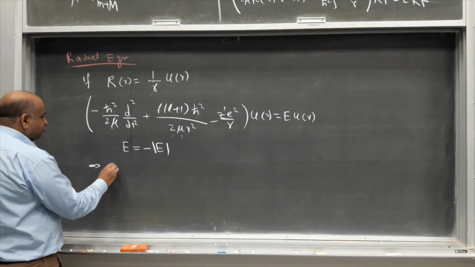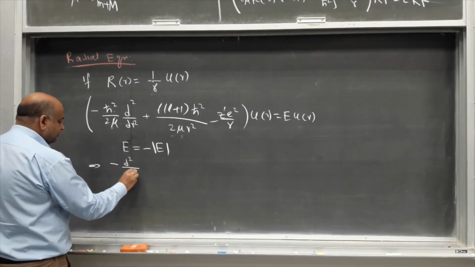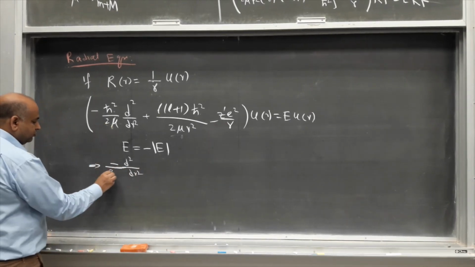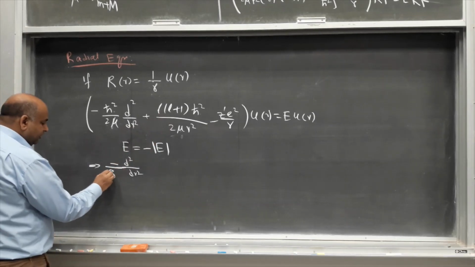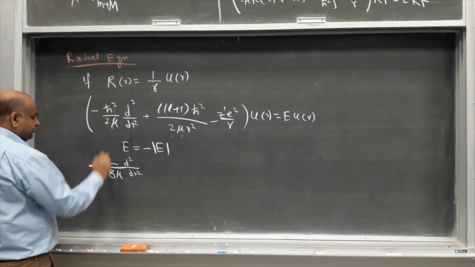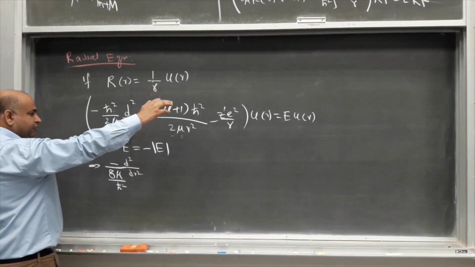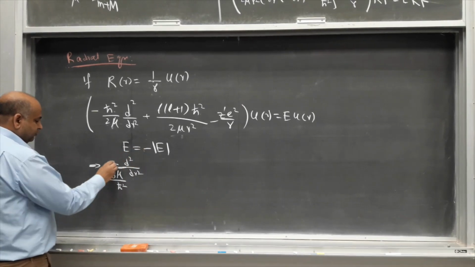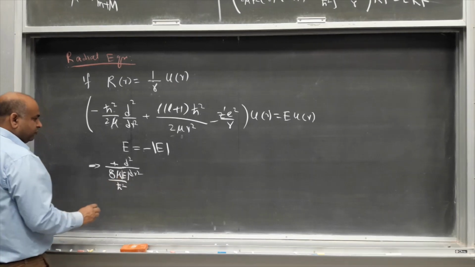make this equation look like this: minus d square by dr square, and this is 2 mu, and I'm dividing by 4 throughout, so this becomes 8 mu. Let me bring this h bar square here, and let's bring that energy E towards this side. So E is minus E, so this becomes plus, and let me put this E bar here.